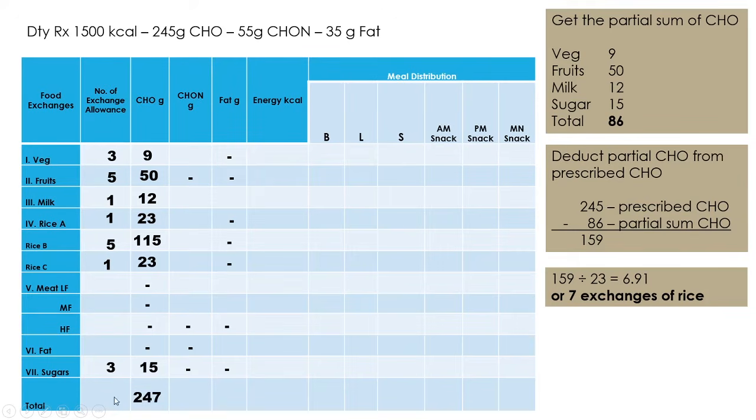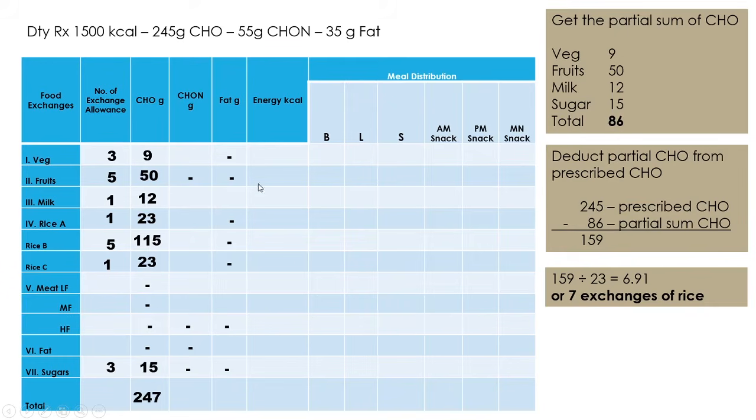So the total is 247. Notice here that we have an excess of 2 grams because our prescribed carbohydrate is only 245 grams, but that is okay because for our macronutrients, we are allowed around plus or minus 5 grams of carbohydrates, protein, or fat.